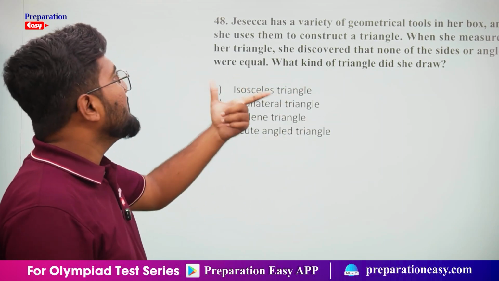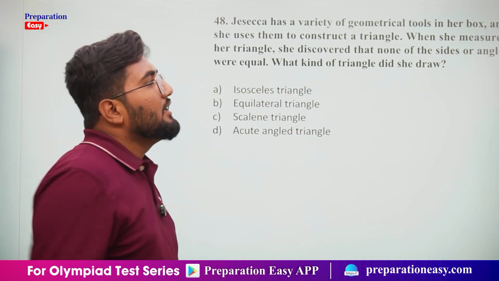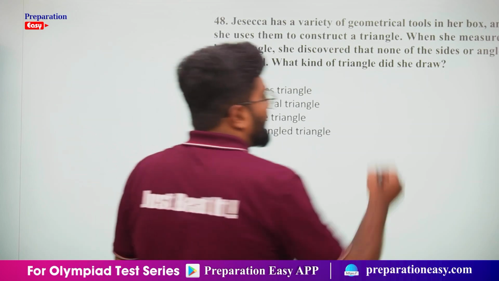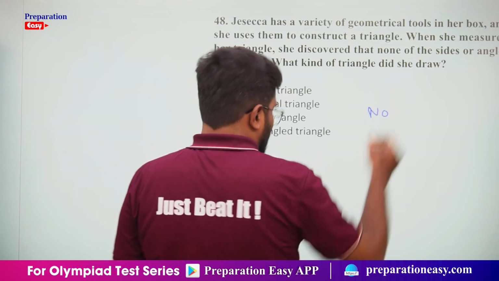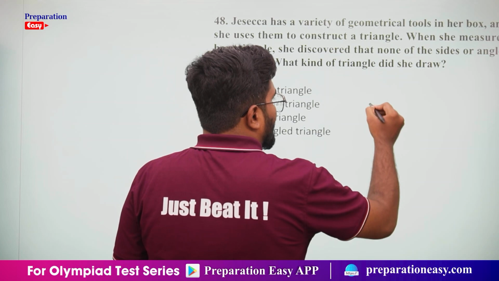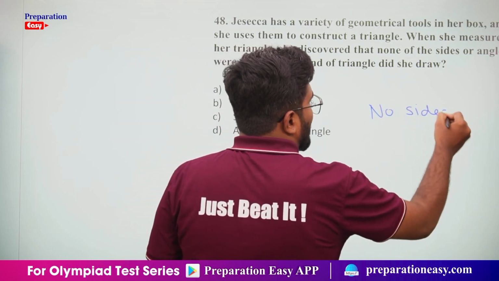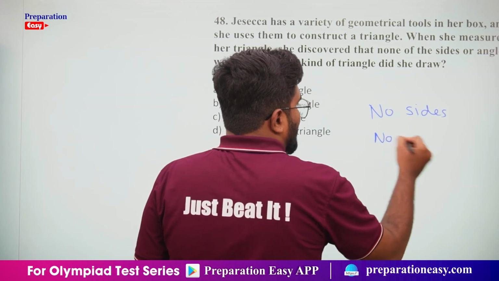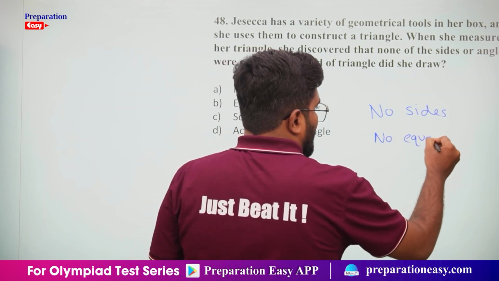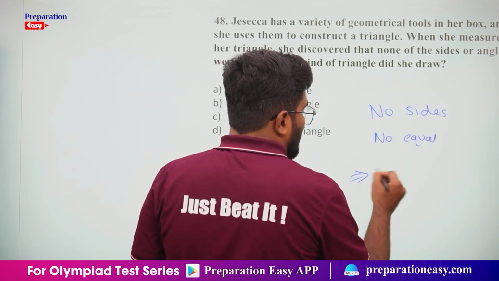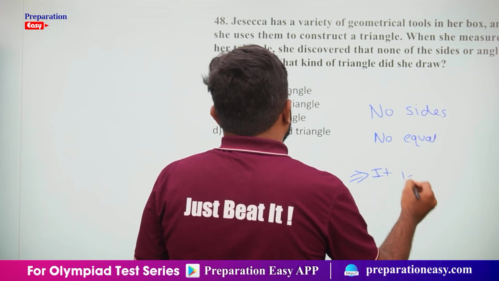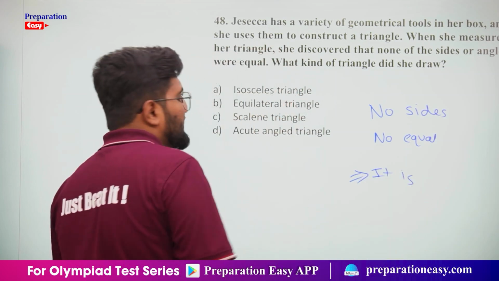When she measured her triangle, she discovered that no sides were equal and no angles were equal. That gives us a scalene triangle.